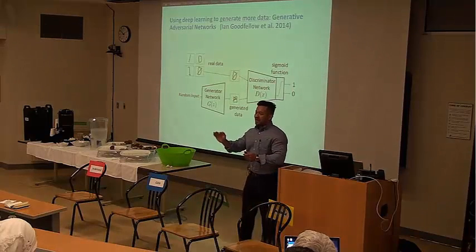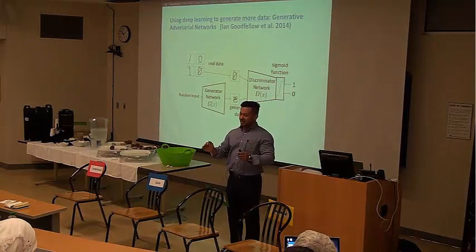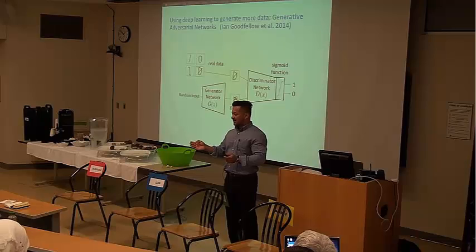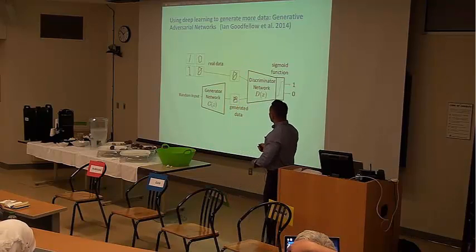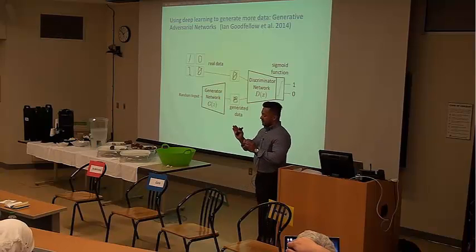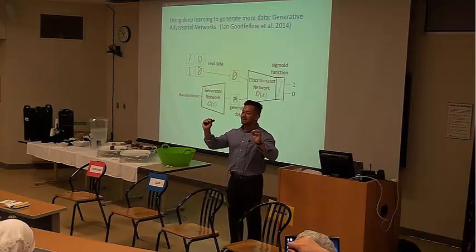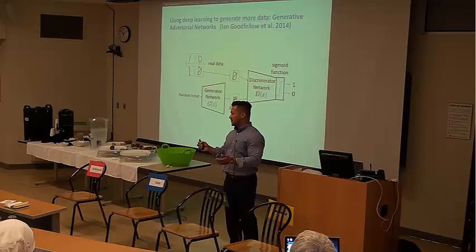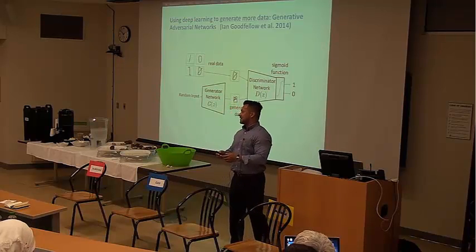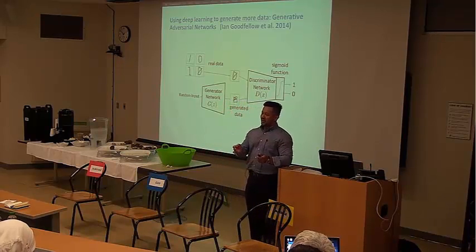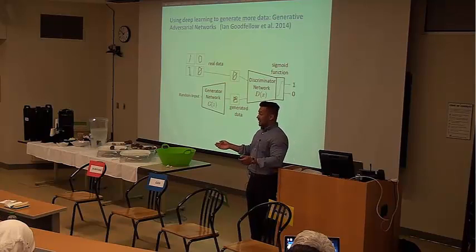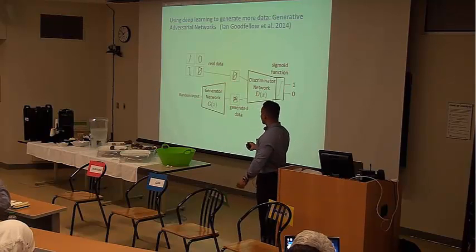And here I have 2 slides of current methods in deep learning that you can use to create more data. The first method is generative adversarial networks, or GANs. The idea is a game of the cat and the mouse. It's the struggle between the person who tries to counterfeit money and the central bank. So we have 2 networks.